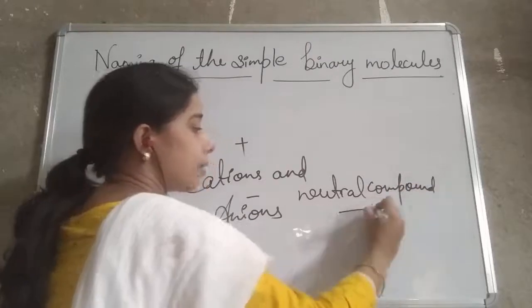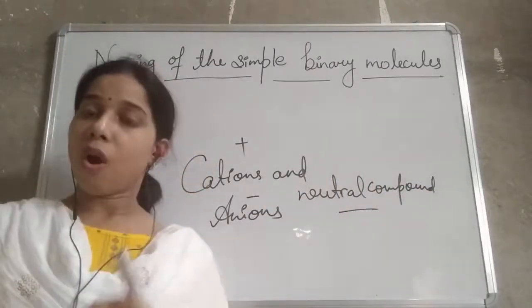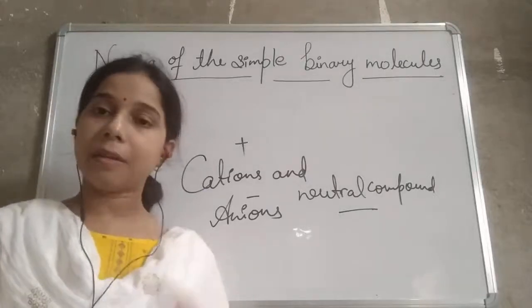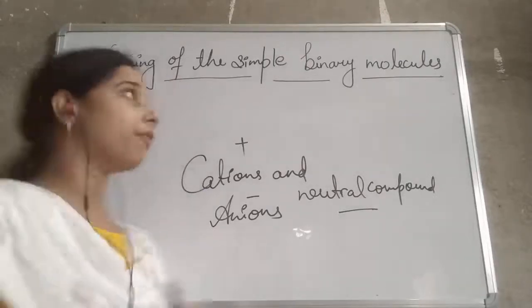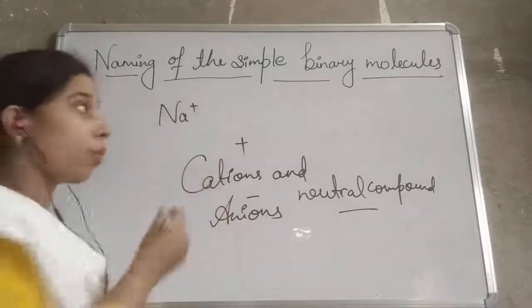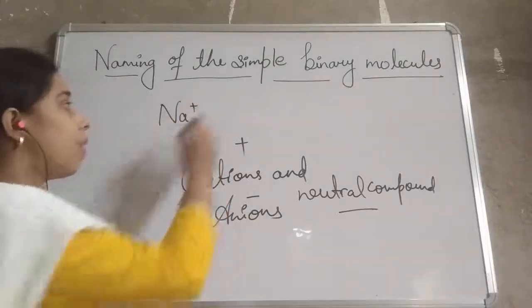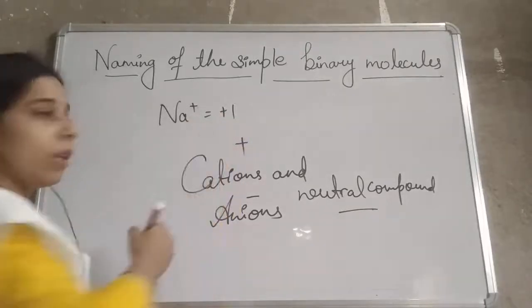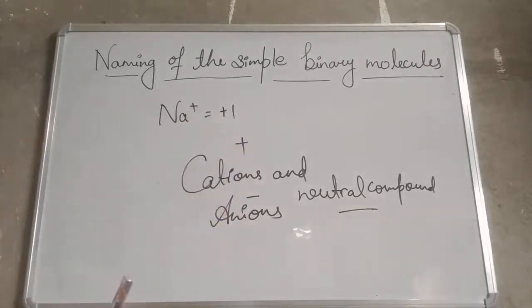We discussed that whatever the charge of that particular ion is will determine the valency. If we say Na+, how much charge does the sodium ion have? That is +1, so the valency of sodium will be 1.